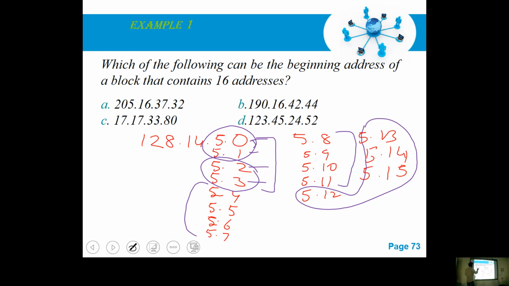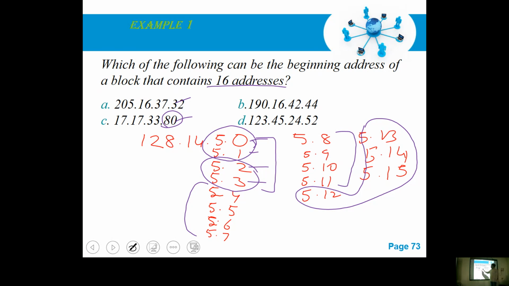So with this knowledge, can you say whether any of these addresses can belong to a block which contains 16 addresses? Starting it should be A, then B. Do you get 80 in the 16 table? 16 times 5 is 80. So can I consider that? C?